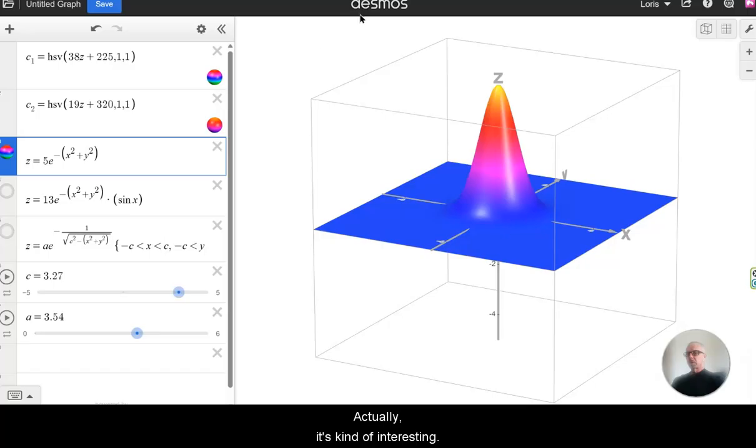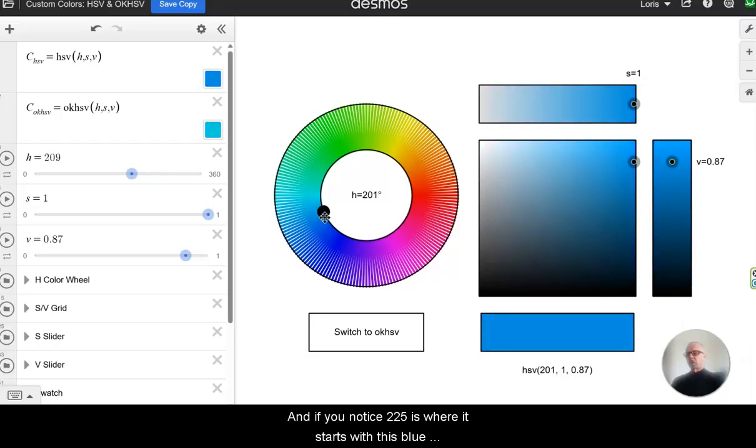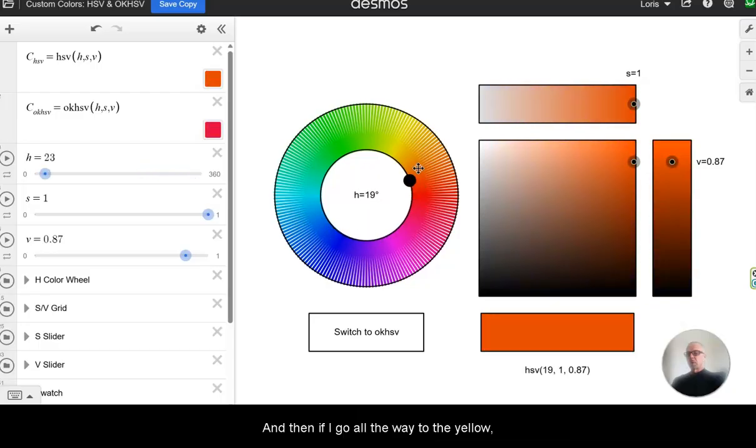Actually, it's kind of interesting. What you can do is you can go back here and look at your color wheel. And if you notice, 225 is where it starts with this blue here, this blue right here. And then if I go all the way to the yellow, that's about around 55 degrees or so.